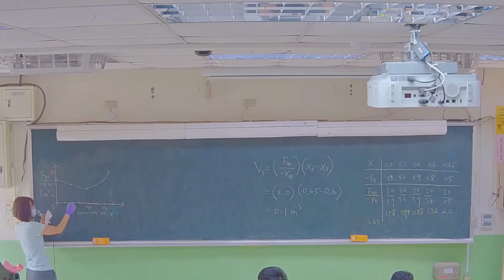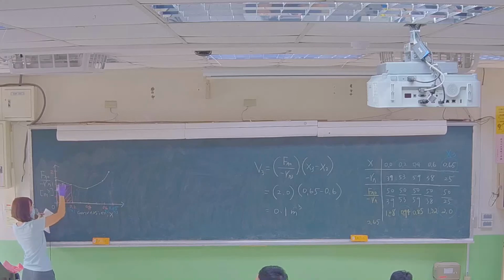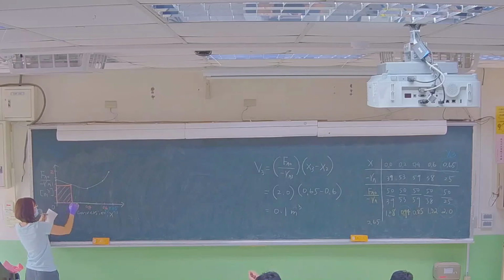X1 here. Okay, rectangle. Not the integral area. This one, only this one. This area is V1.